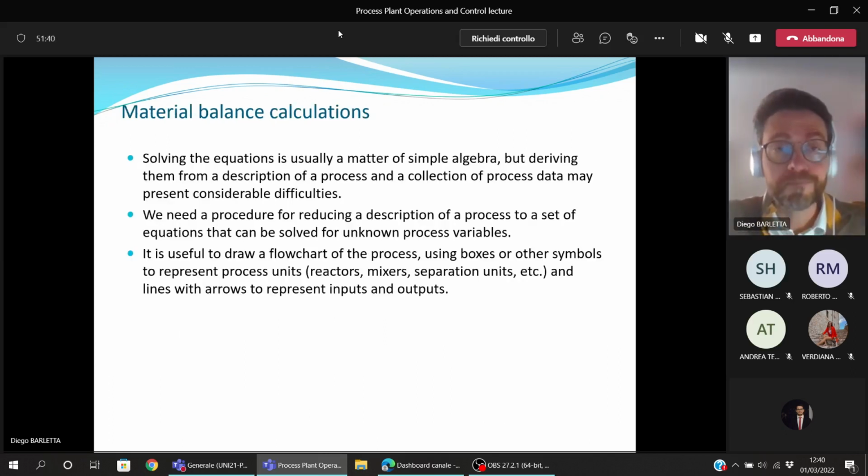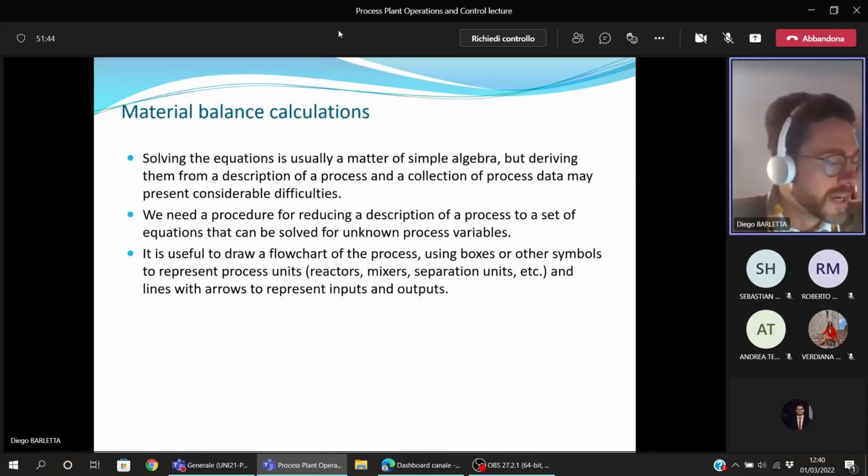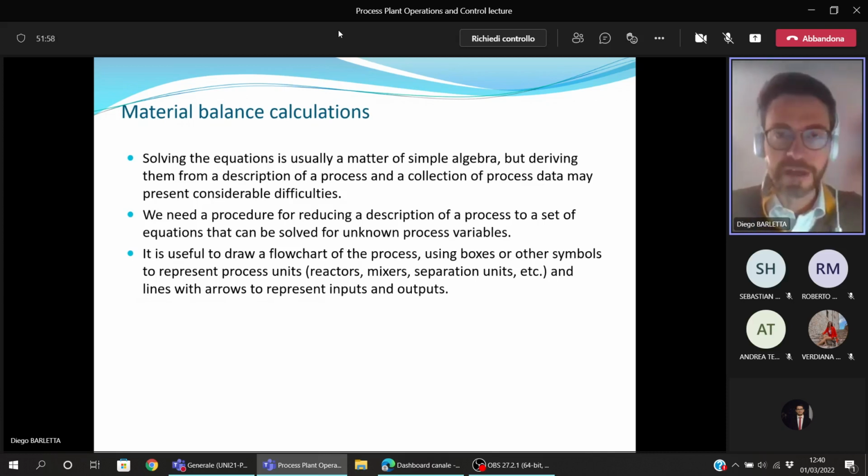Okay. Now, if we want to generalize the procedure, what to do in the case of material balance calculation, we have actually followed the procedure intuitively in the simple example I've shown before, but for the general case we can identify a general procedure that could be useful.